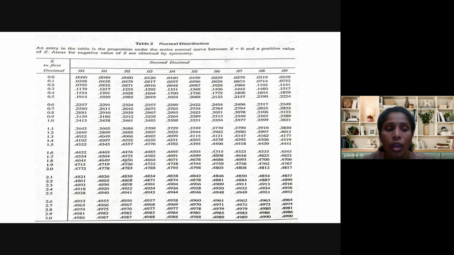From the center onwards, you mark 1.96 on the right side. First get the value of 1.96 from the table. So 1.9 and 0.06, the value is 0.4750.